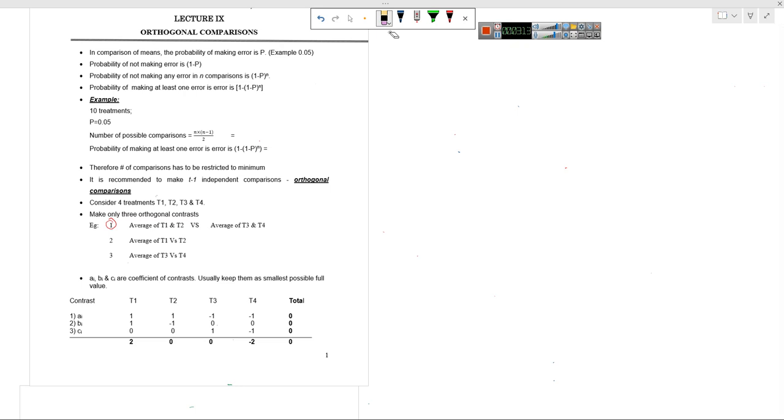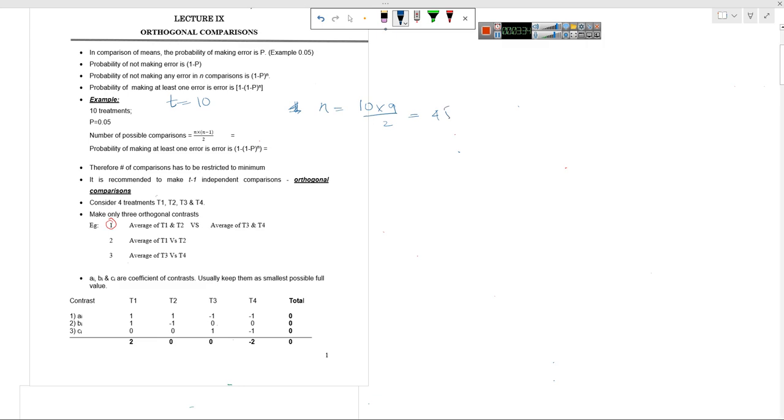Now let's say we have 10 treatments. Try to understand this example. The number of treatments is 10, and p is equal to 0.05. The number of possible comparisons n is equal to 10 into 9 divided by 2, that is 45.